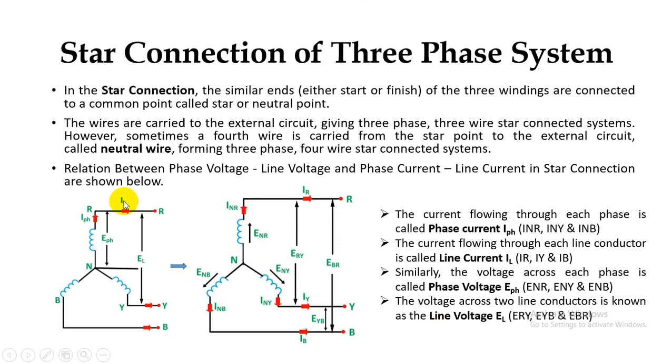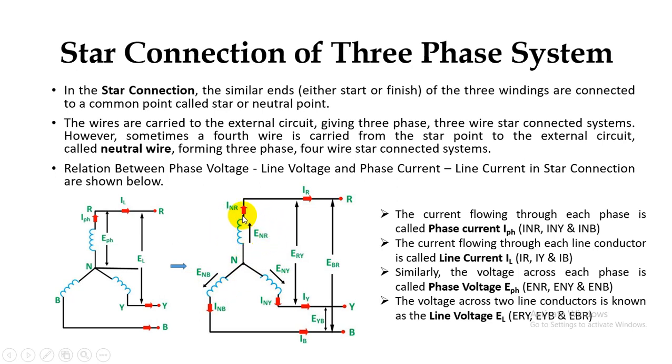So, when we connect the impedances or resistances, inductances like this, suppose this is a resistance R1, this is a resistance R2, this is a resistance R3, and every resistance has terminals.